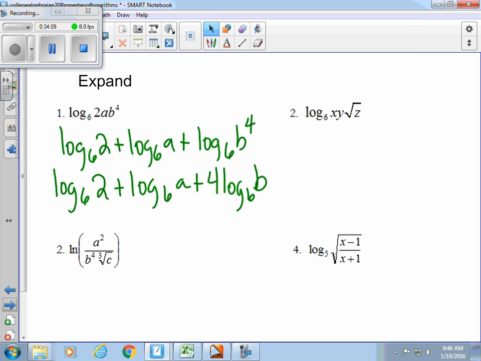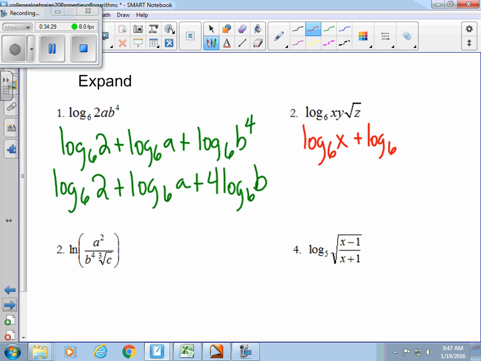Another one that's multiplication. What is this? Log base 6 of x plus log of z. Okay, good.